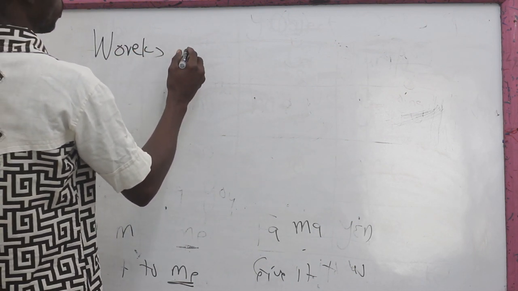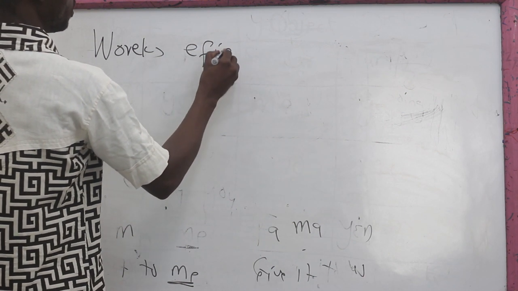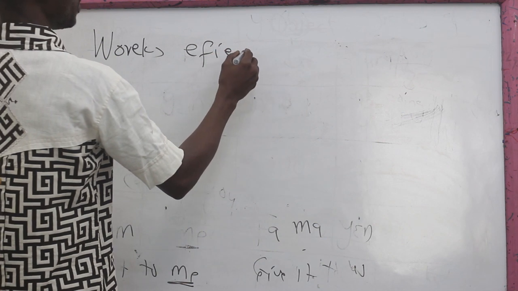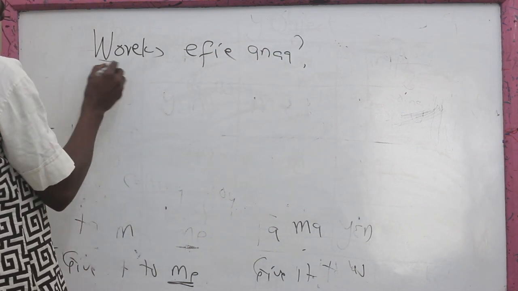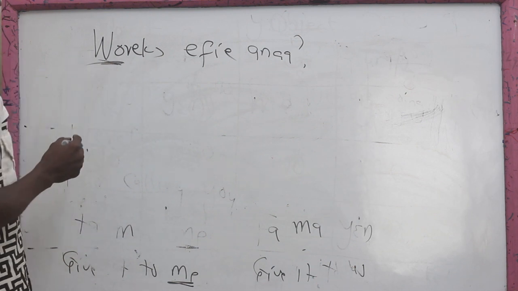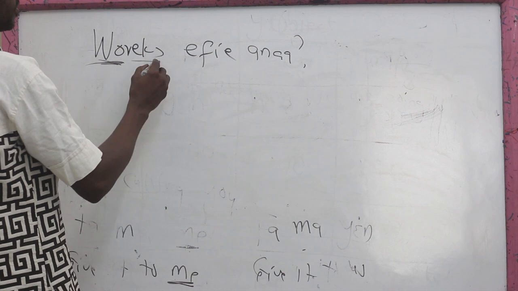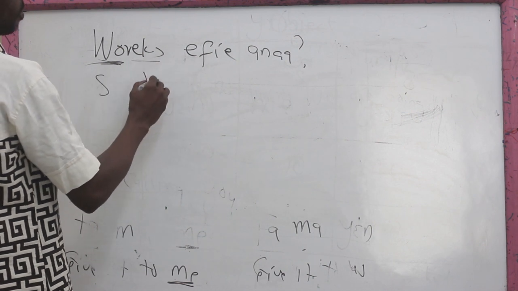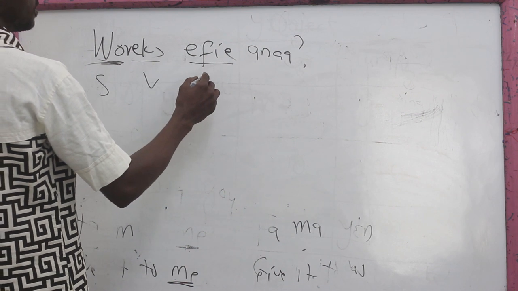So what recall ifye ana is a question. Wo is the subject. Recall is the verb. And this ifye is the what?